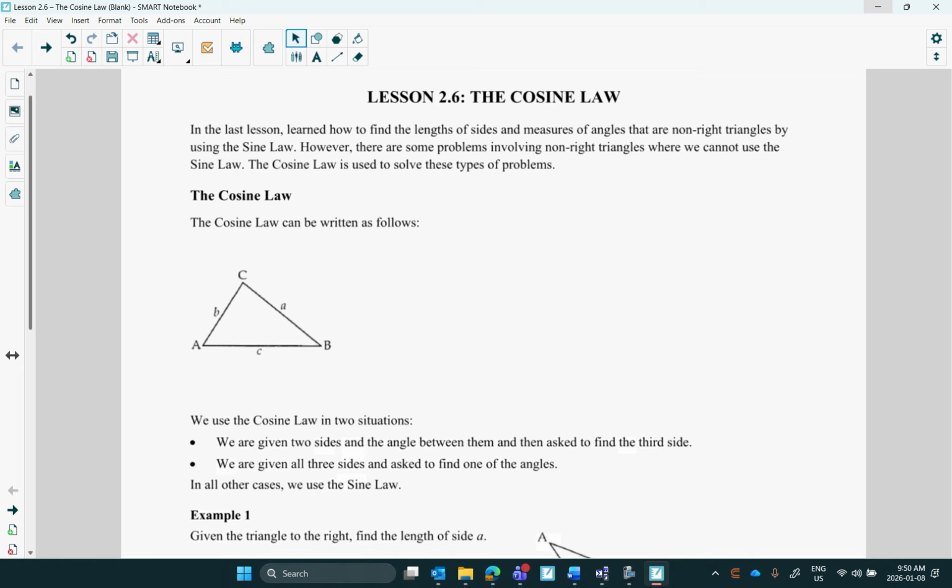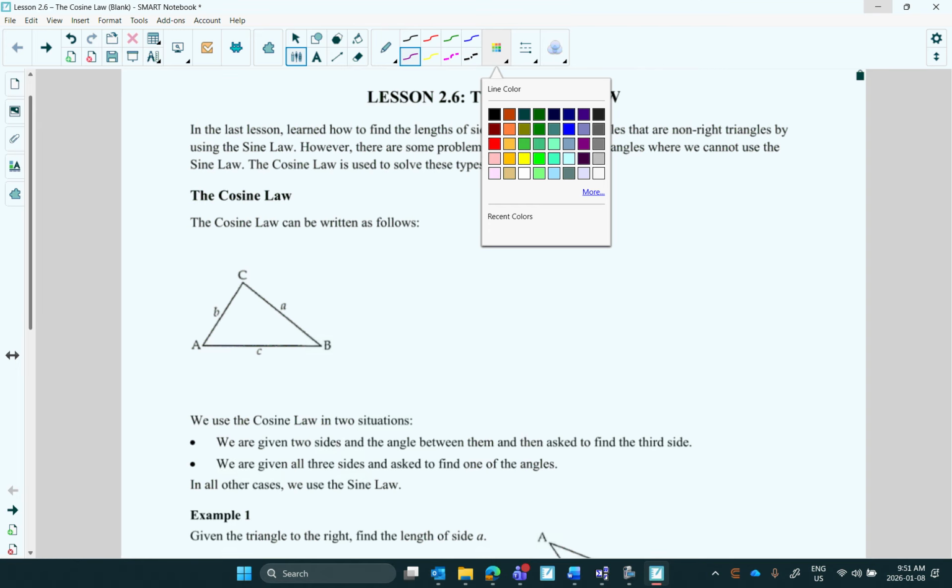But not every case we can use sine law to find a missing angle or side. So we need another law, and that's cosine law. And the cosine law, there's actually two formulas. One to find a missing side, one to find a missing angle. So we'll start with the side first.